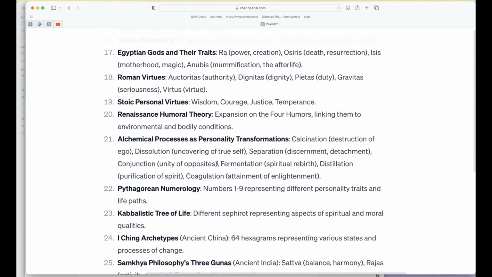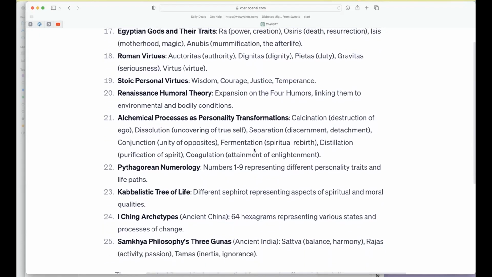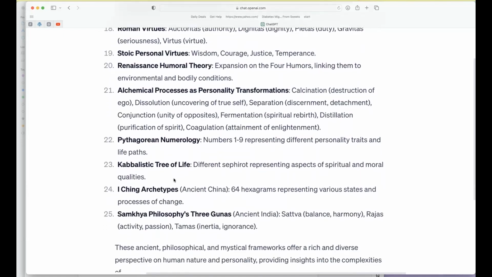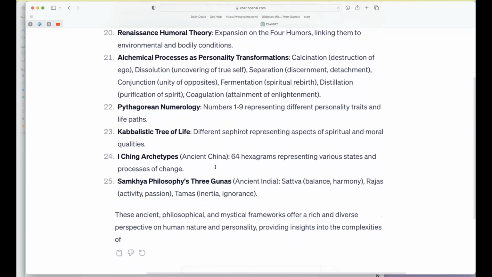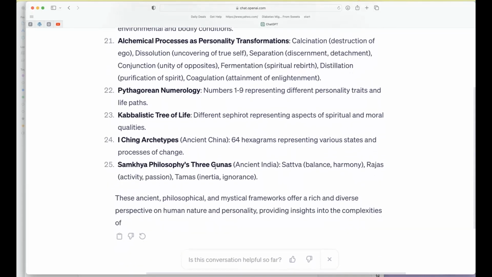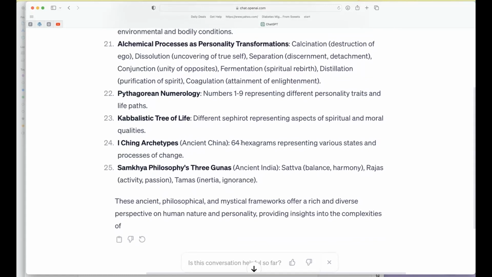These are interesting. It's like you want to go, really? If I were to go back and study alchemy, this is something that gets talked about? I would find that very intriguing. Not particularly useful, but very intriguing. The Kabbalistic tree of life, don't know, we'd have to look that up. I Ching and Samkhya philosophy's three gunas: sattva, rajas, tamas.